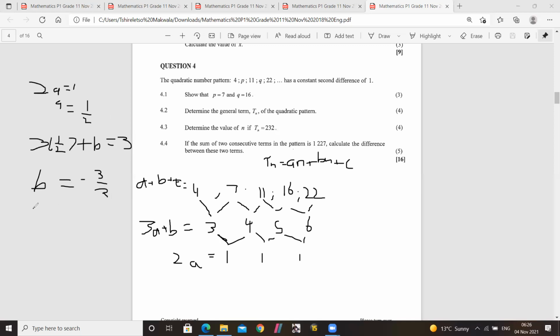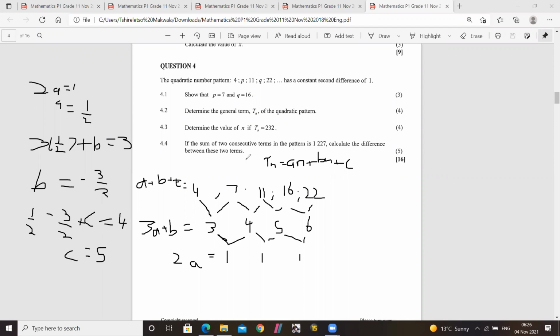Then we move on. a, which is a half, plus b, which is negative 3 over 2, plus c, which we don't know, must be equal to 4. So c is equal to 5.